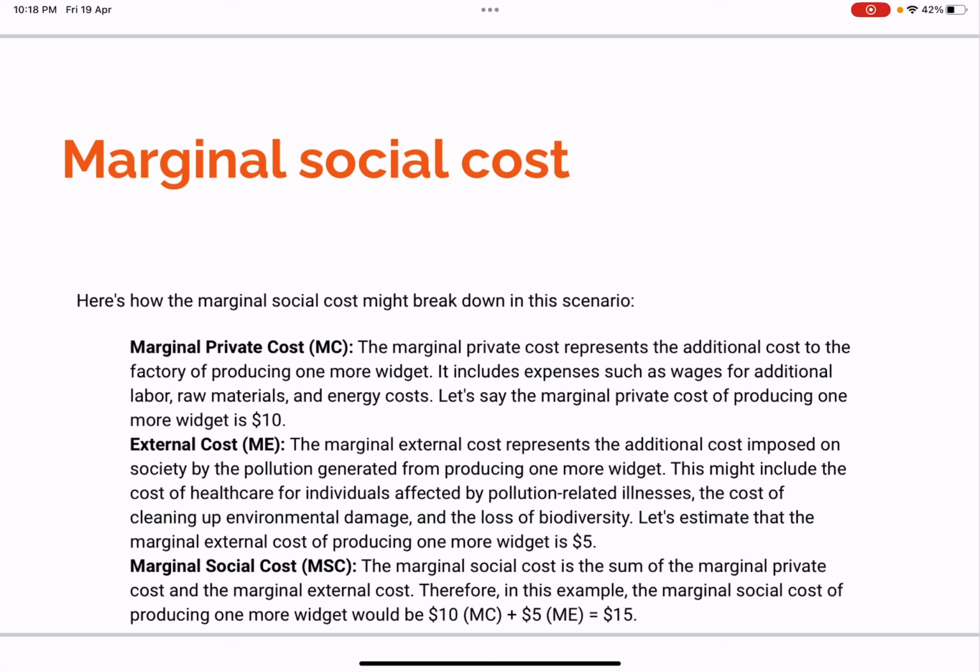So let us say that for producing one more widget, that additional cost is $5. Then the marginal social cost is simply an addition of the marginal private cost, in my case $10, and the external cost which has to be borne, which is $5. Thus the total marginal social cost is marginal private cost plus external cost, which comes to $15. So this is how we calculate the marginal social cost.